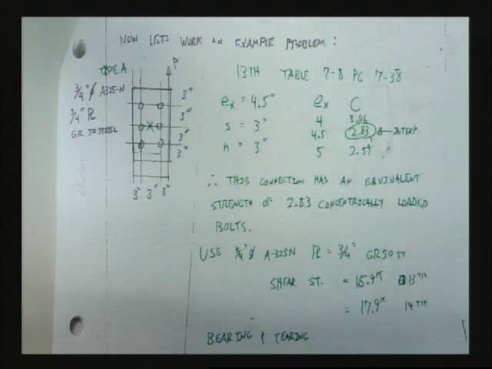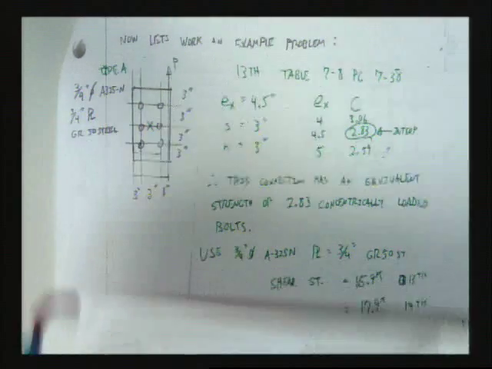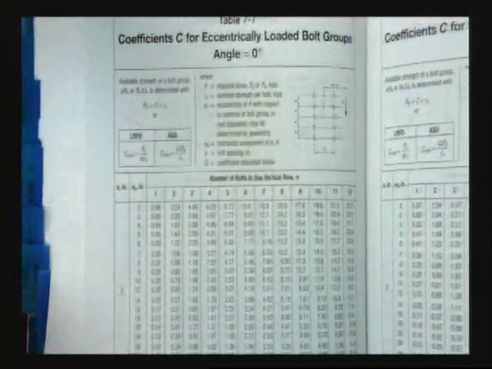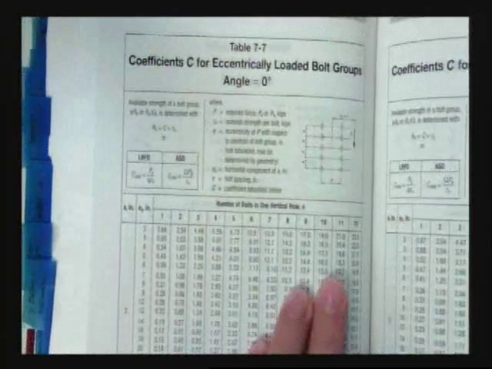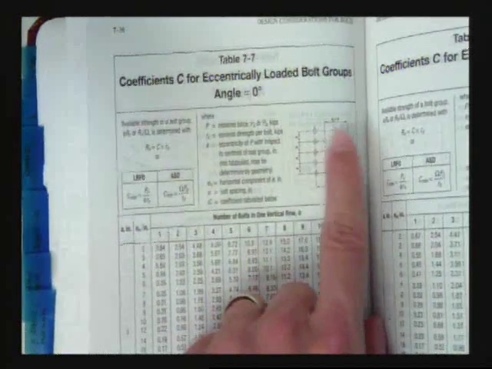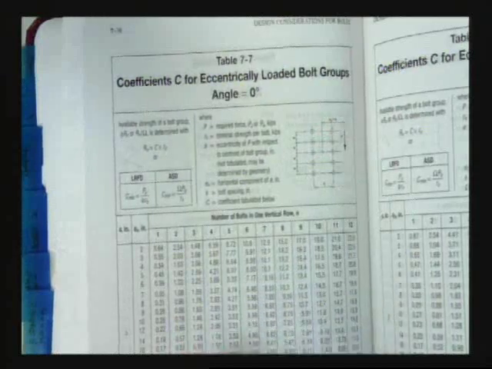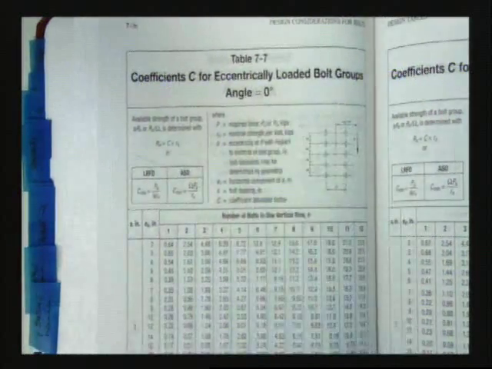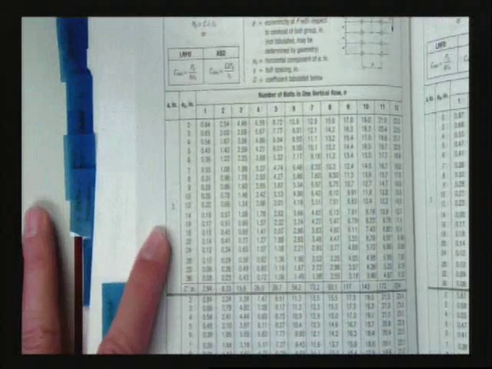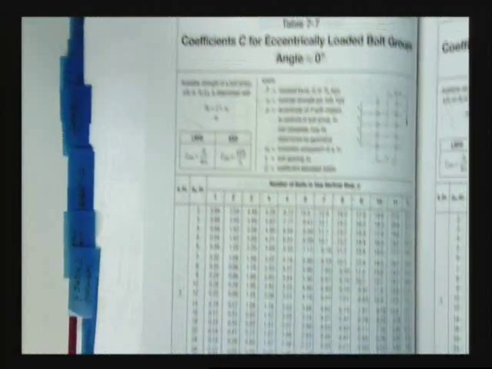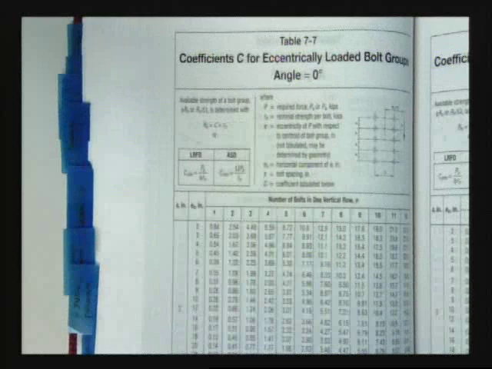In this table there are coefficients for eccentrically loaded bolt groups. You've got an angle in here, the number of bolts in a row, the spacing between the bolts, all these things, and you plug into this table, and what do you get out?